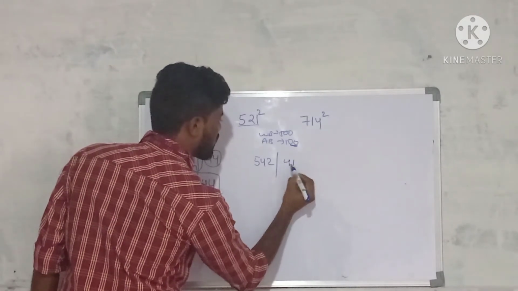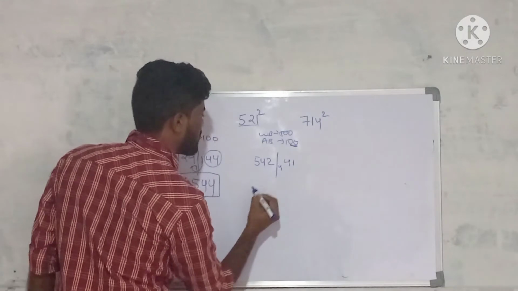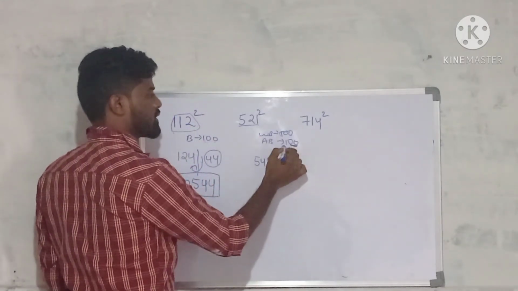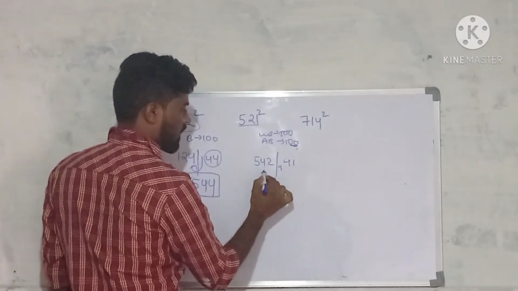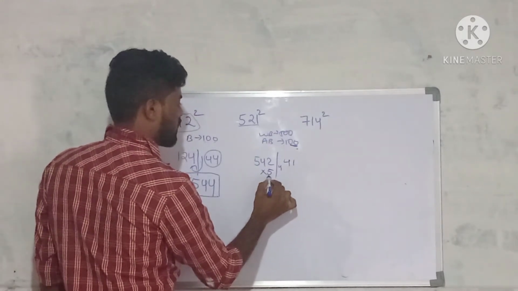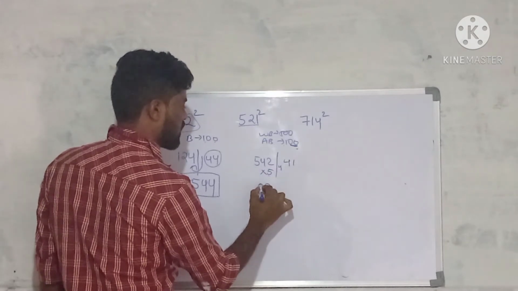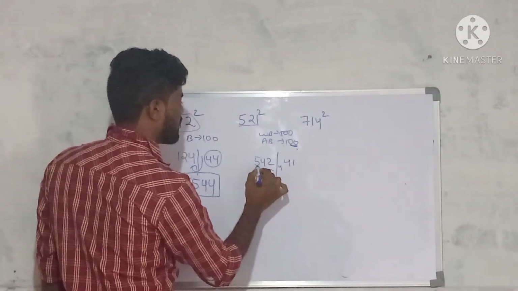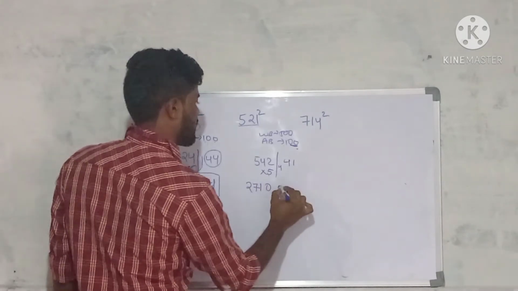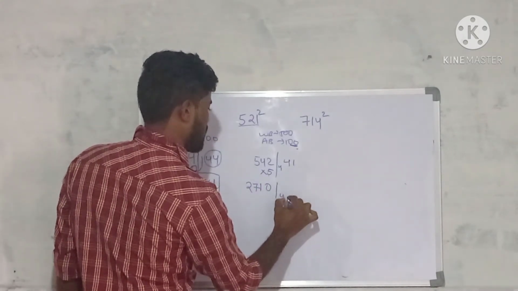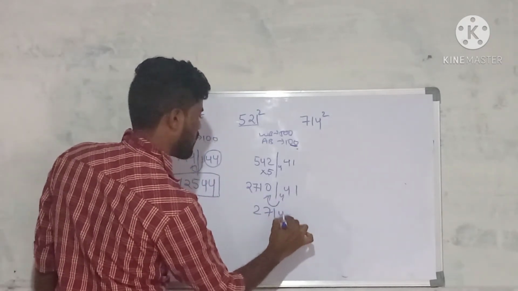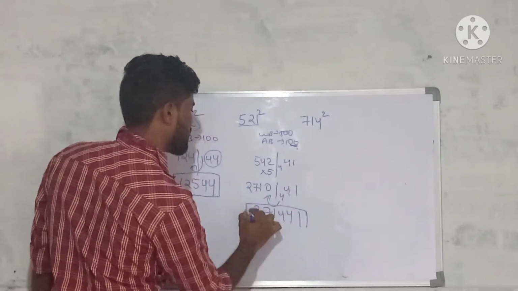That is 41. We have to add 4 to this number. Since we have taken working base as 500, actual base as 100, we have to multiply this by 5. 5 into 2 10, 5 into 4 20, 21, 5 into 5 25, 27. We have to add 4 to this number. 271441. This is 521 square.